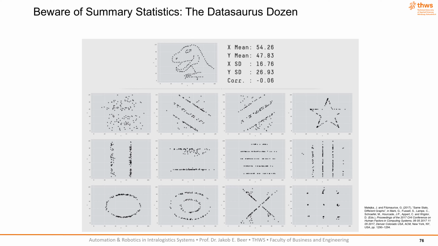So, what's the practical takeaway for logistics engineering and business analytics? Imagine you're analyzing warehouse performance across different sites. You calculate average pick rates, error rates, or inventory turnover. The numbers might be similar across sites.